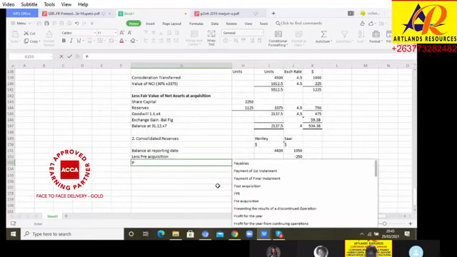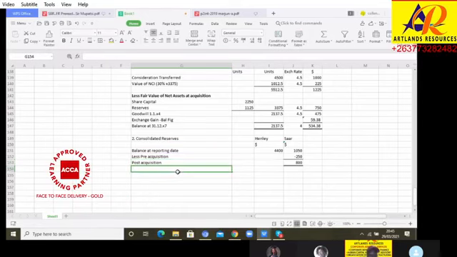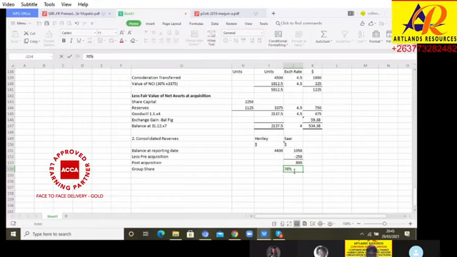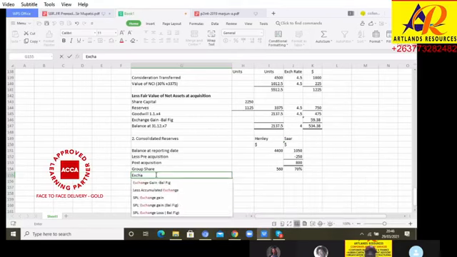And then you say post-acquisition, and then you say group share. Remember, group share is 70% of this. The balance goes to NCI, so equals this times 70%, 560, and then you say exchange gain on goodwill.